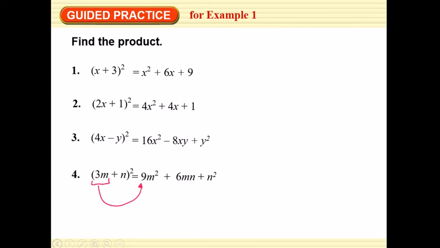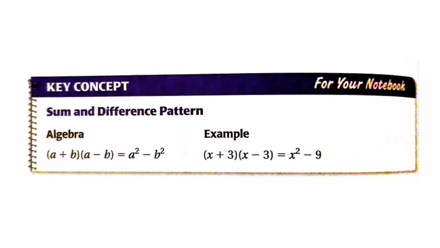Alright, so moving on to the second half of this section. Sum and difference. What that means is in my first piece of the product here, I'm going to have a sum, and in my second chunk here, I'm going to have a difference. So what happens, you can FOIL it out. If I show that FOIL process, first term, x squared, outside term, -3x, inside term, positive 3x, and then a -9.